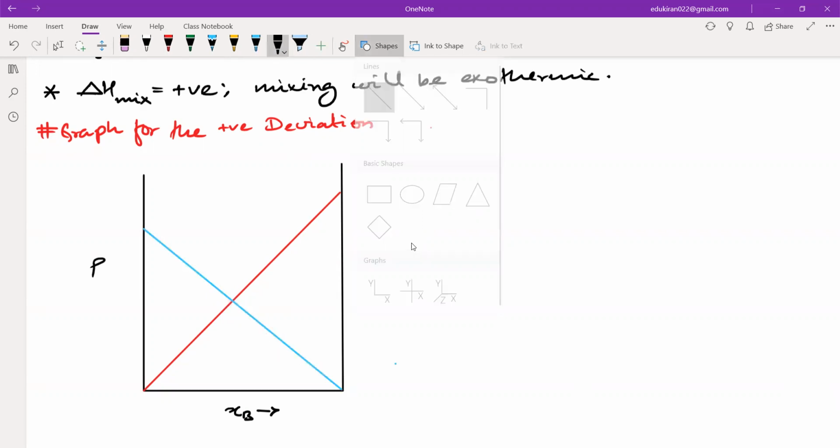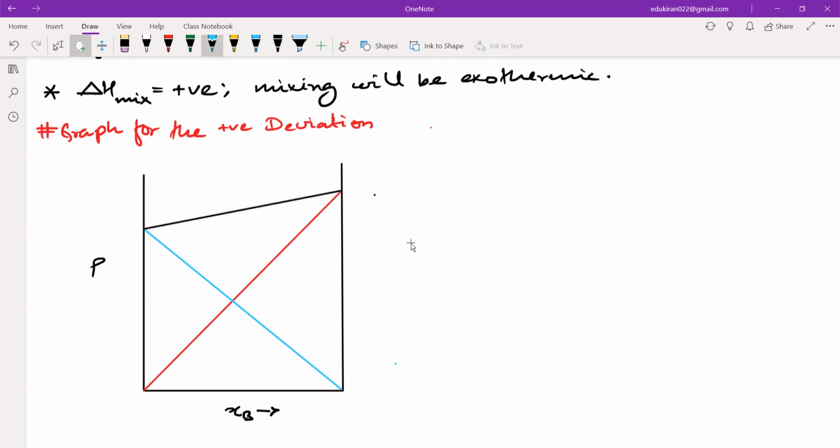This is all the ideal situation. So everything we are writing here is the ideal solution. Raoult's law is followed. Now, when Raoult's law will not be followed, then what is going to happen? And this is P total. So I think this will be P naught A. This will be P naught B.